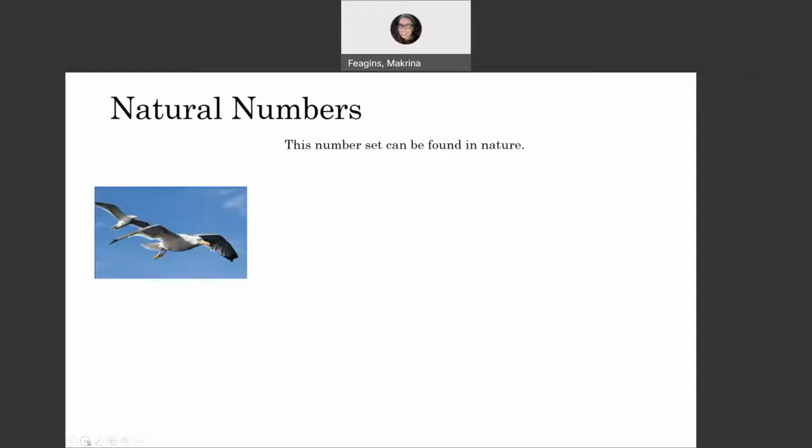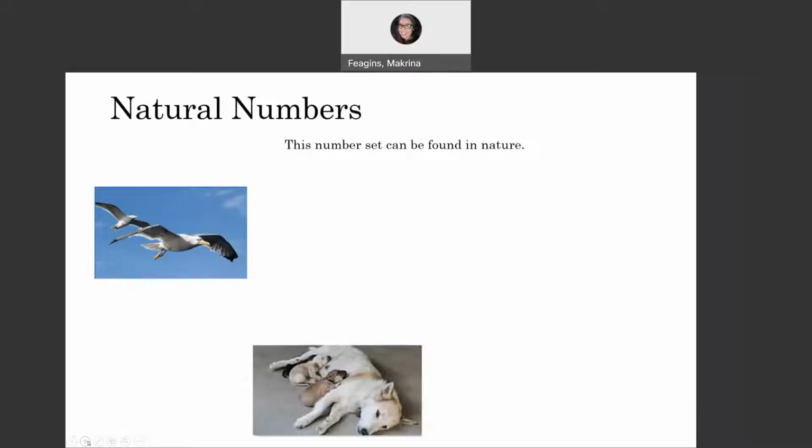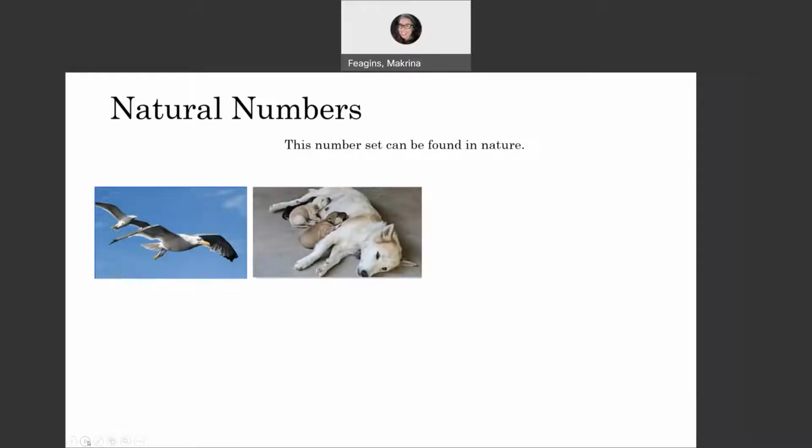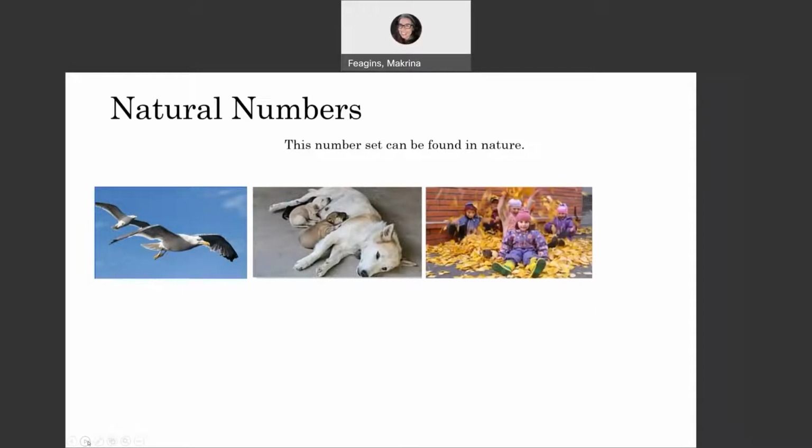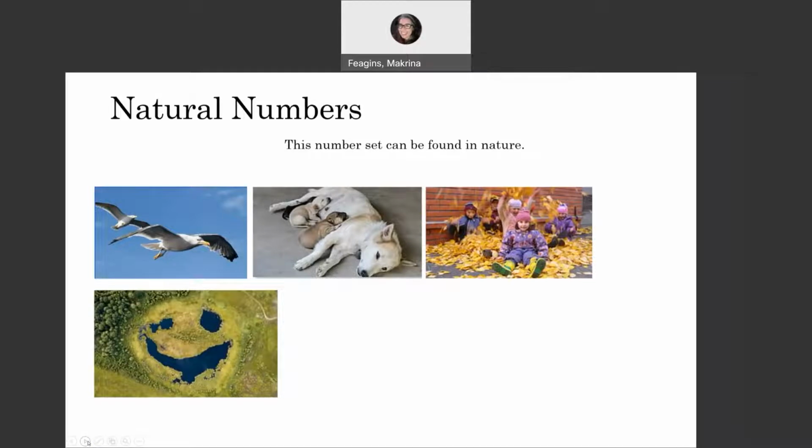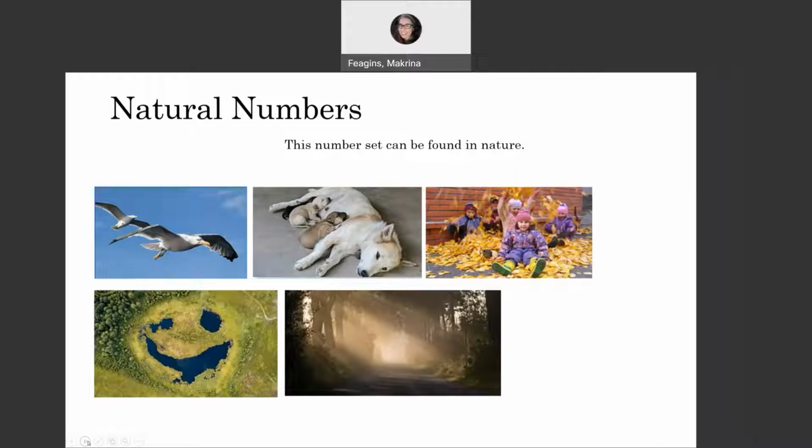But let's continue. The natural numbers are the ones that we find in nature. If you can think of, like, right here, we have two birds. We have the mom dog, the female dog, and the pups right there. There's three of them. So that would be for the children. Anything that we count will be part of the set. They will have some bodies of water, and we go down a trail and can count the trees.